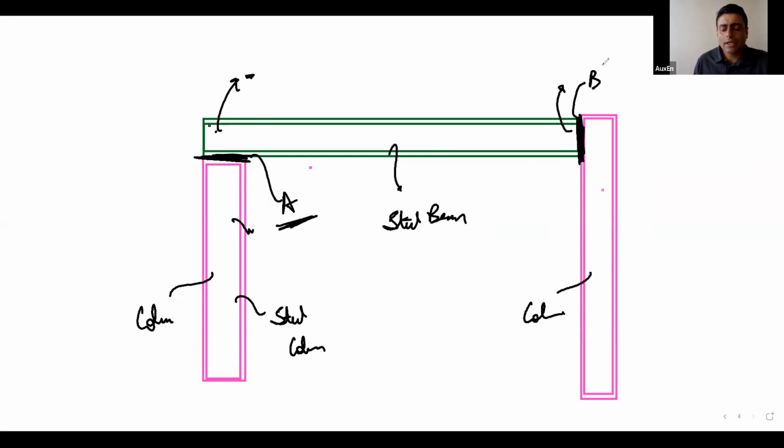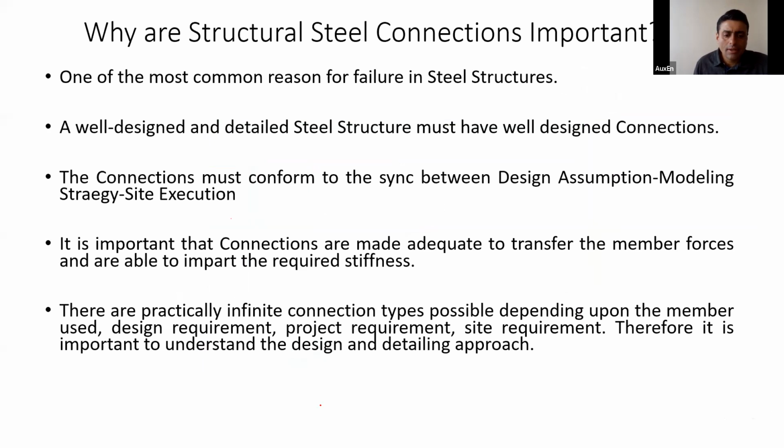So when we are going to design the connection, if someone is designing this connection A, it will be different than this connection B. Right? So this is what I mean by connection depending on the project requirement, or you can say site requirement also. I hope you get it.